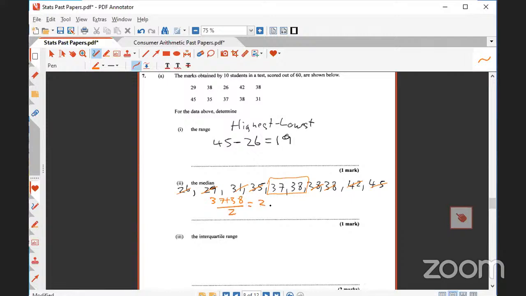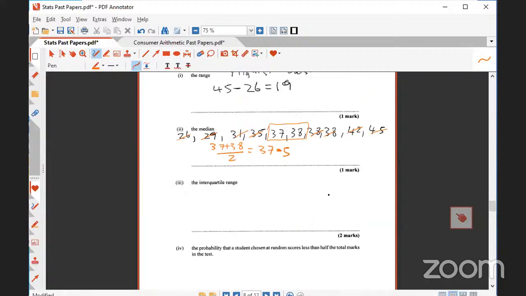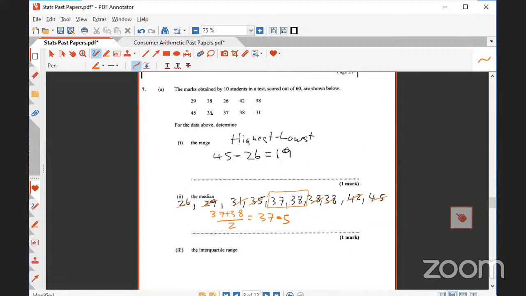That's going to give us 37.5. And that's one way how you can find the median. You can also find it another way as well.